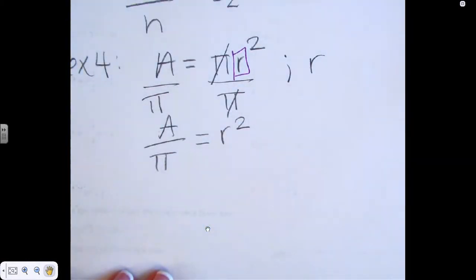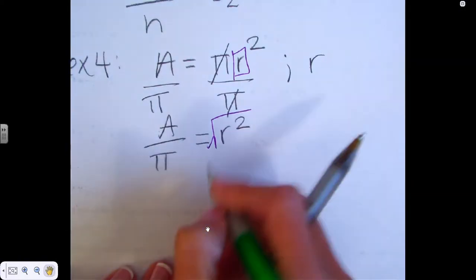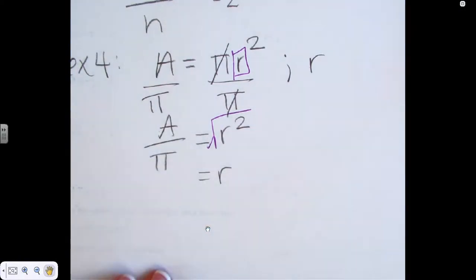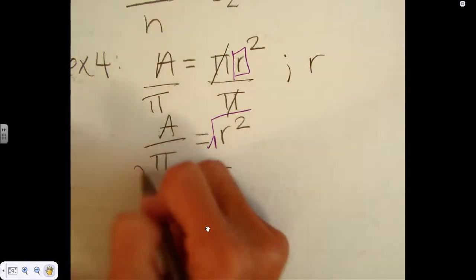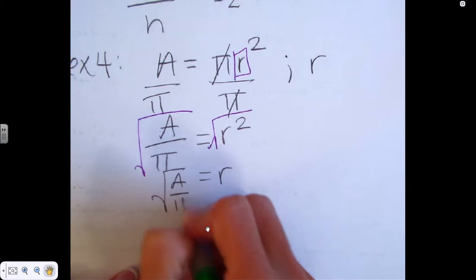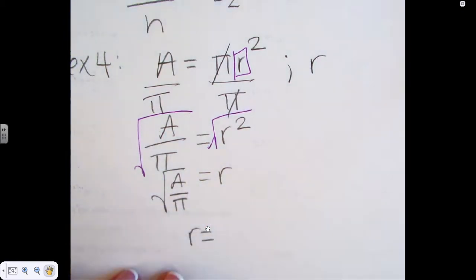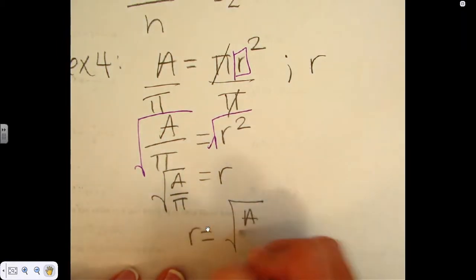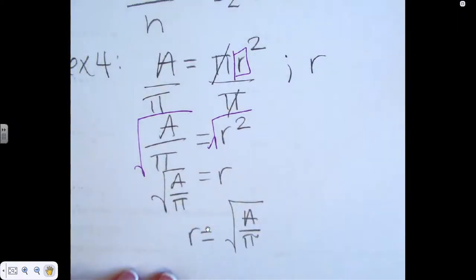I want to solve for r, so we all know that if I take the square root of r squared, that's going to leave me with r. But what I do to one side, again, I've got to do to the other. So if I take the square root of one side, I have to take the square root of the other. And then I write it with my variable on the left. So r is equal to the square root of a over pi.